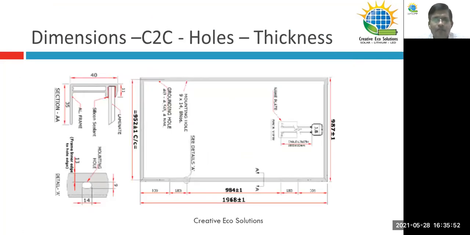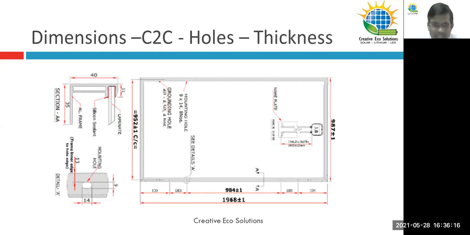Each panel manufacturer has different C2C holes, because we need the C2C holes while designing your solar structure. The C2C holes are the C2C dimensions on the length side of the panel. Typically a 325 watt panel is around 2 meters by 1 meter, with 2 meters as the length.